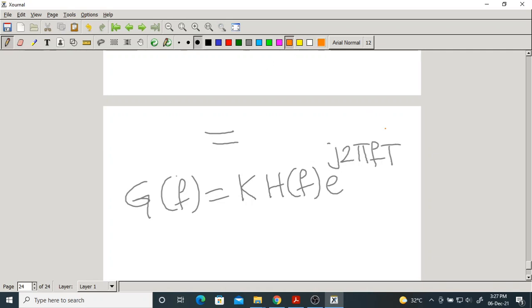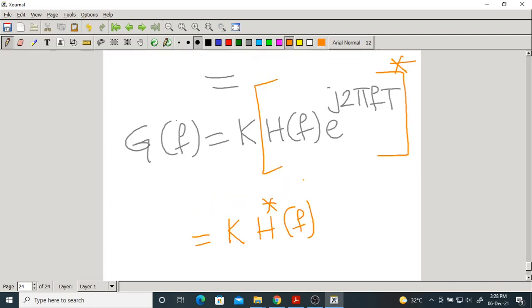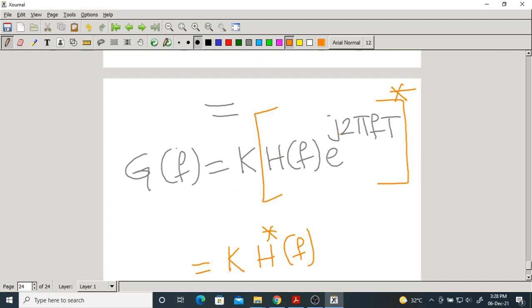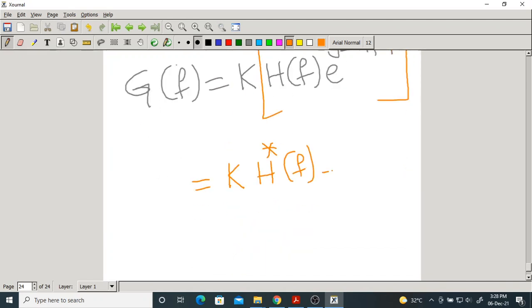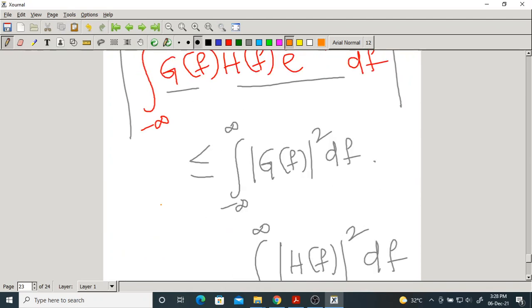Please remember this. If you apply conjugation, it becomes k into H conjugate of f, and the exponential becomes negative, e power minus j 2 pi f capital T. So this is the inequality.